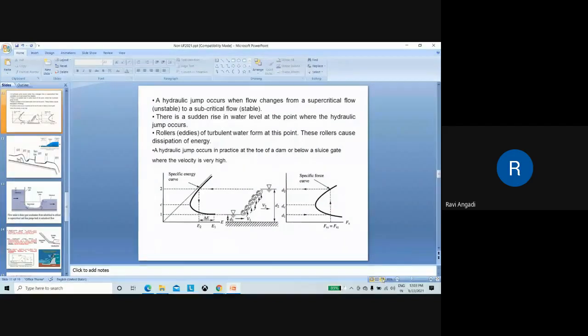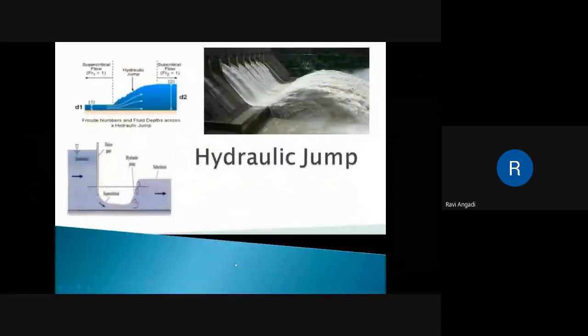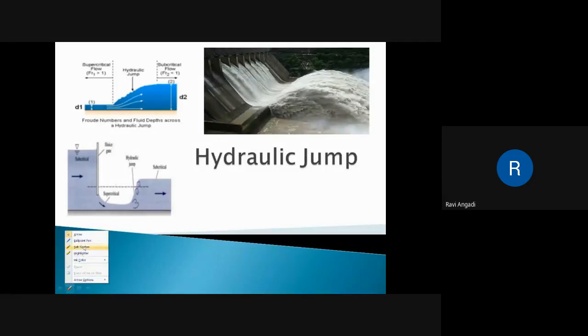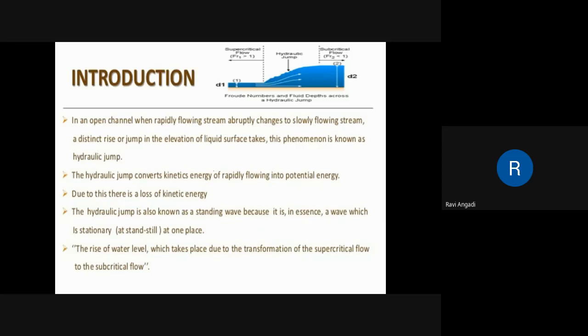Then coming to the next one. So this was the picture of a hydraulic jump. Now let us begin with the hydraulic jump. Here I am giving some of the characteristics. This is the region of hydraulic jump.